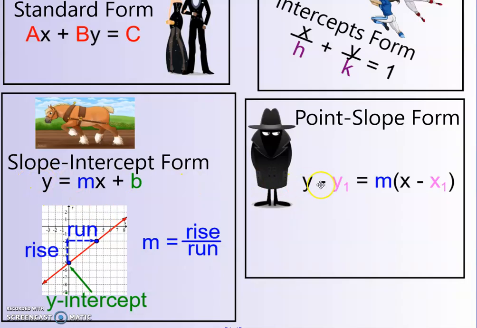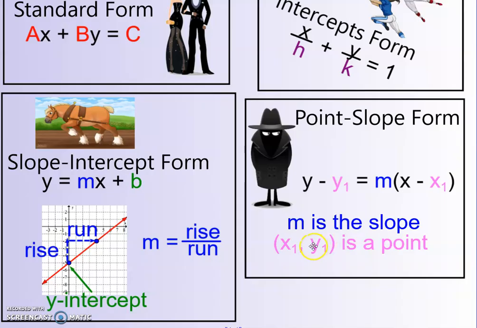Generic y minus y sub 1. Well, y sub 1 is simply a point. It is the y value of a point. Equals the slope, m, times the quantity generic x, just like over here, this is a generic x, minus the x value of that same point. That's it. That's called point-slope form.